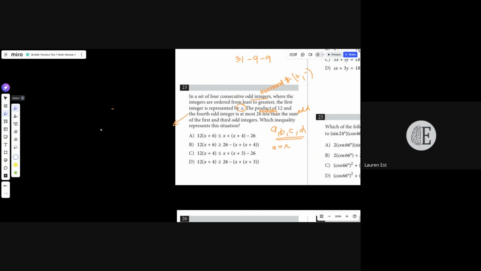So then the product of 12 and the 4th odd integer, D, is at most, so it's going to be less than or equal to 26 less than the sum of the first and the third. So A plus C minus 26, which inequality represents this situation.